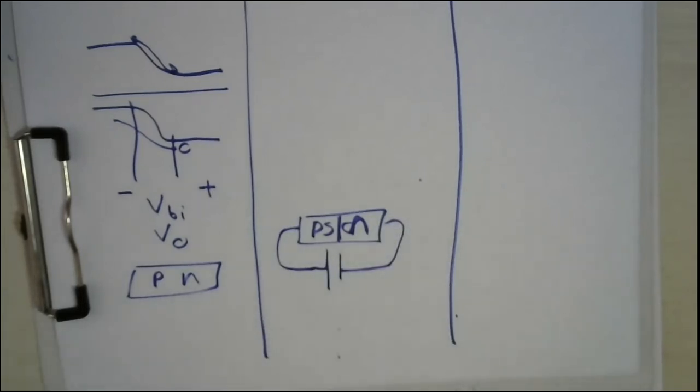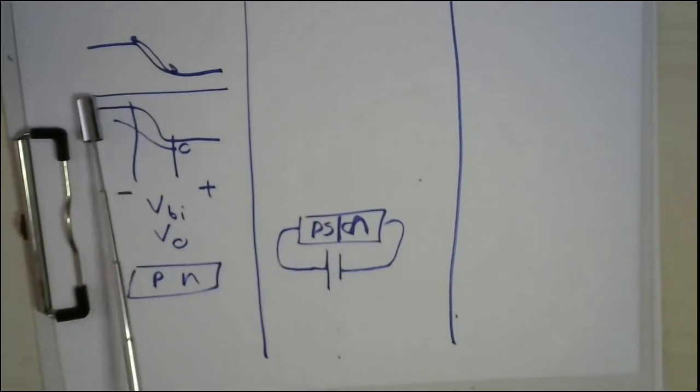As you can see, this is the opposite direction to the built-in potential. Okay, so now we connect our battery, our p-n junction, to this polarity. So as you can see, now the positive terminal is to the left.